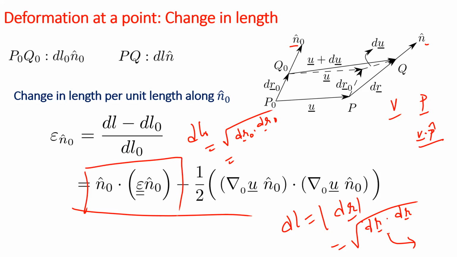Strain along a vector N0. This is a higher order term. If you do all the vector algebra, you start from dl0 as dr0 and dr, and try to identify dr in terms of the remaining variables, and you would end up with this quantity.